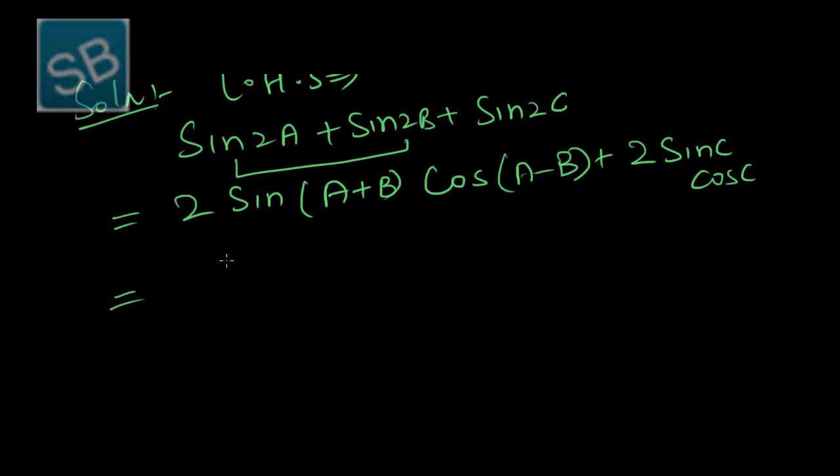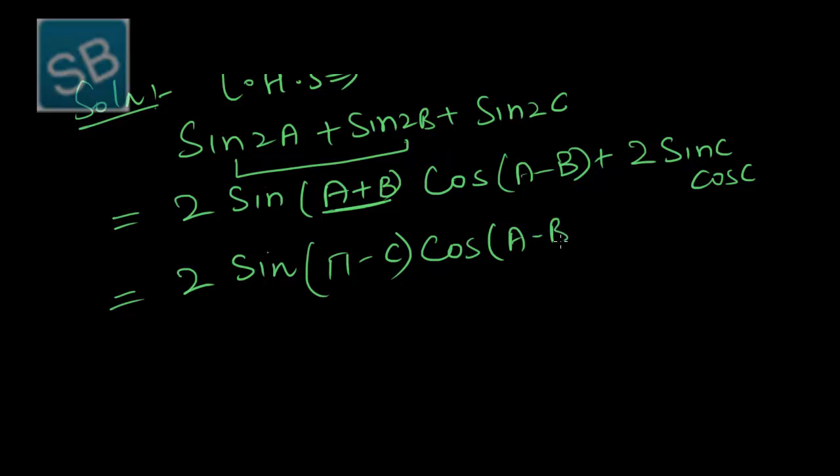So here you can see we get a plus b. So here we will use a condition, that is 2 sine pi minus c into cos a minus b plus 2 sine c into cos c.